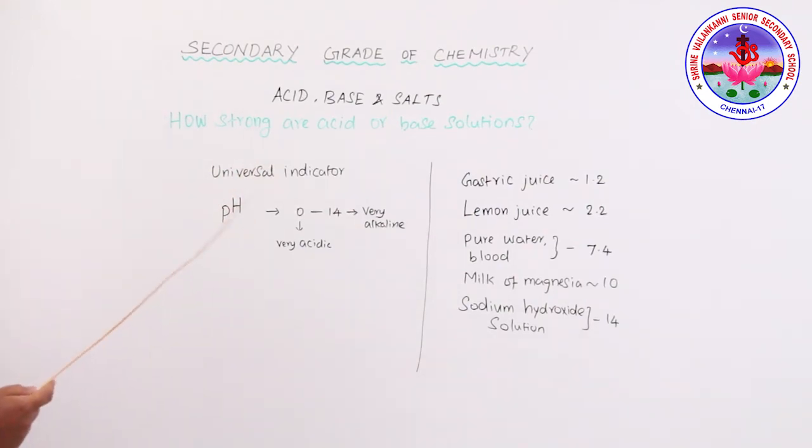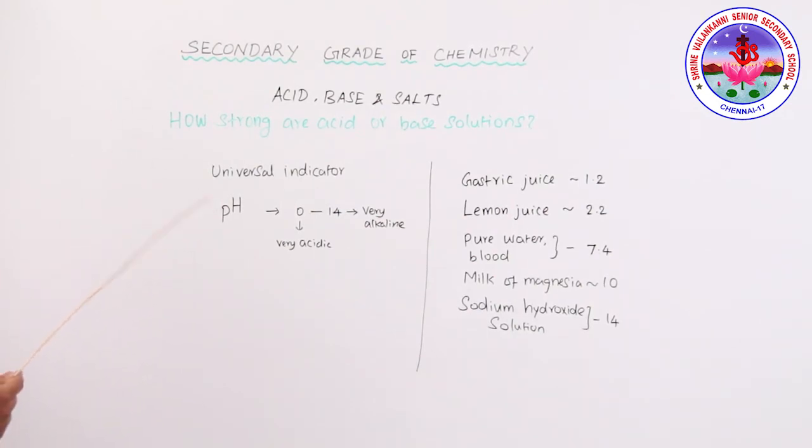A scale measuring the hydrogen ion concentration in a solution is called the pH scale, the power of hydrogen.